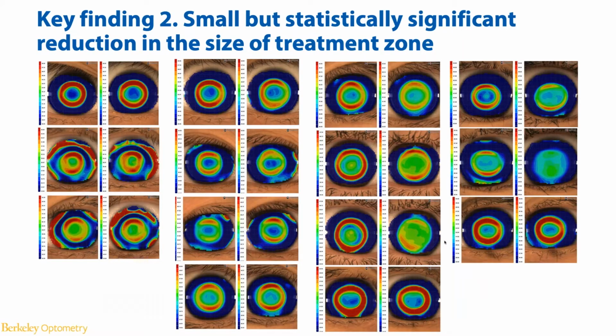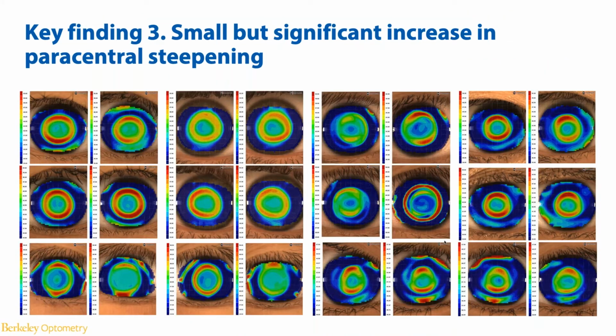With that, I want to share with you the second key finding. Basically, the 5mm OZ produced a small but statistically significant reduction in the size of the treatment zone. I'm showing you all of the eyes included in the study, with this page showing the first half and this page showing the second half.